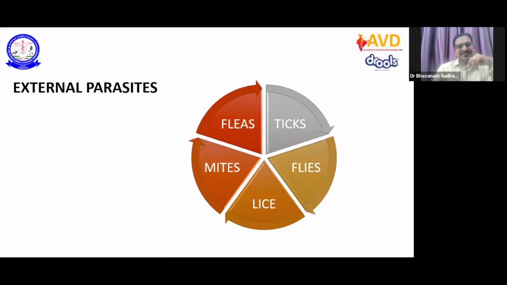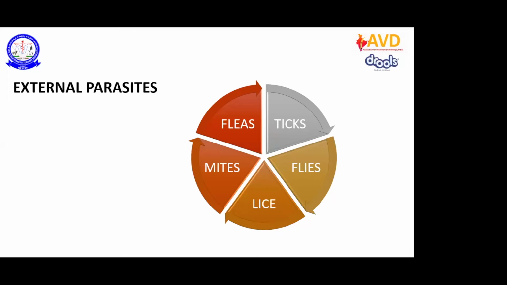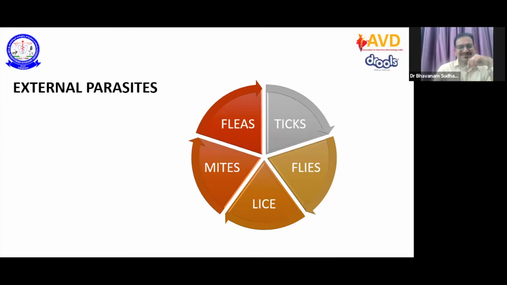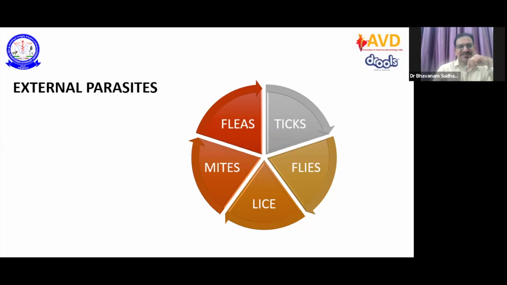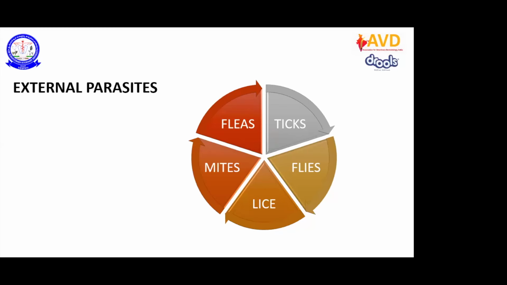When we consider external parasites in cats, we have many. I'm starting with ticks, flies, lice infestation, mite infestation, and fleas. In all these cases, we see typical dermatological lesions.